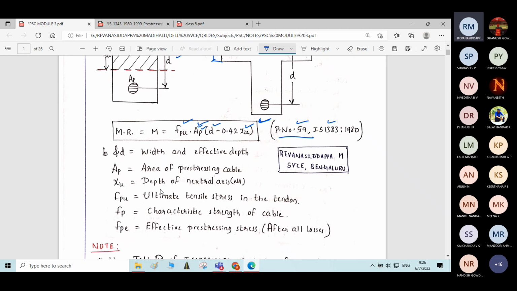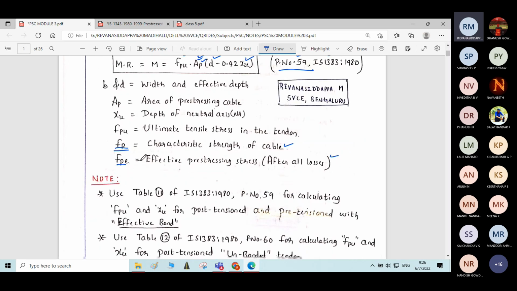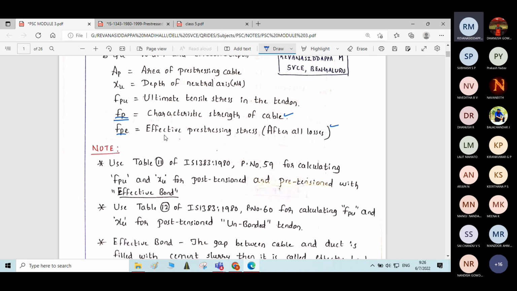And here we have a few more additional terms, that is FP. FP is nothing but characteristic strength of cable or characteristic strength of pre-stressing steel, like FY in RCC. FPE is effective pre-stressing stress after all the losses. If there is loss of stresses in the PSC beam, after considering the loss of stresses, whatever the remaining final stress is called effective pre-stressing stress and it is denoted by FPE.